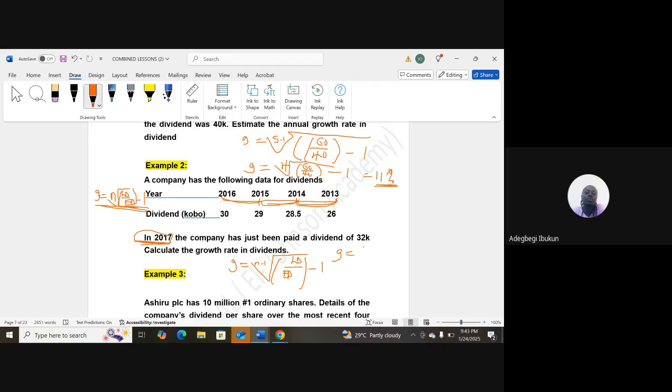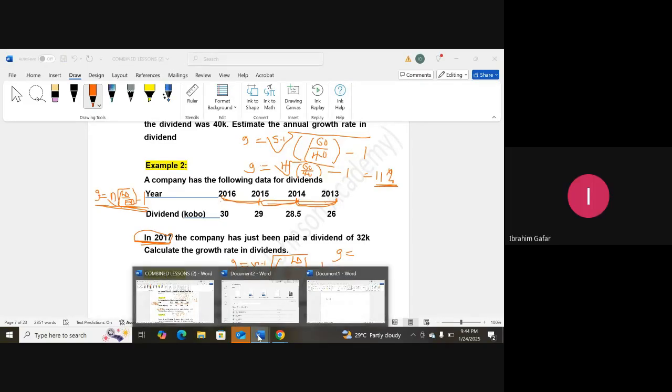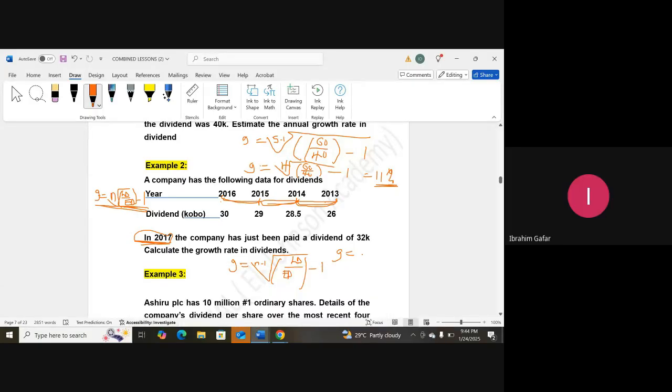Yes. So it depends on which one I want to go with. Based on the number of years given to you, I will say 5 minus 1. The latest dividend, what is my latest dividend?